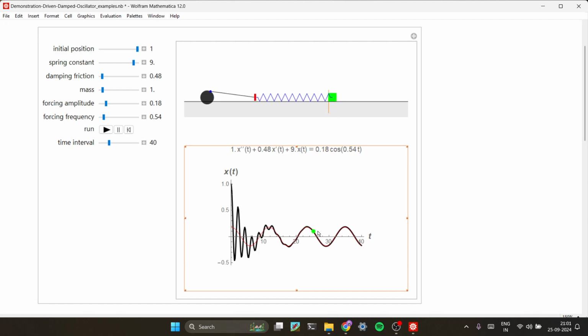The external force is dominating, and it is oscillating with the frequency of the applied force, right? This is the force driven harmonic oscillator.